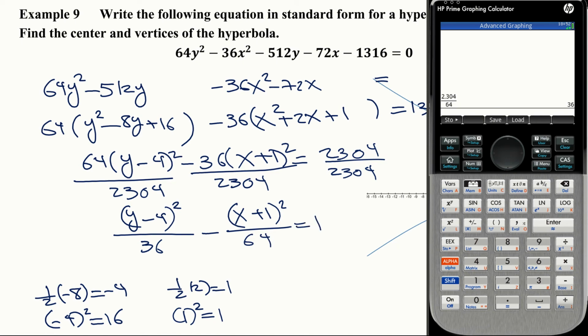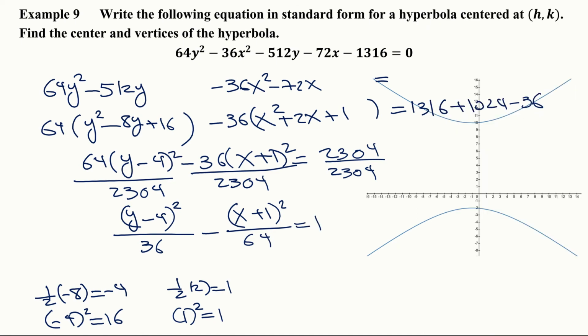All right, so the rest is now easy. We can see that the center is going to be at 4, -1, right? 4, -1. And the other way around. See, you got to be careful with this.